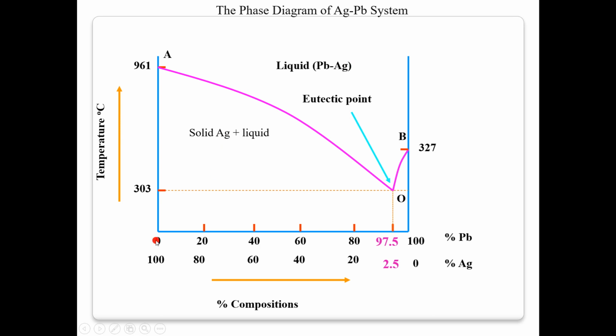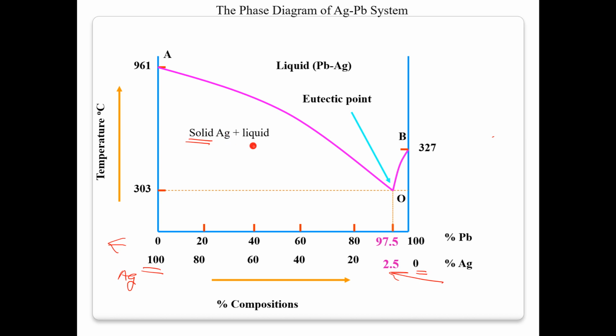But on this side, as I told you, the percentage of silver is increasing from right to left. So here this is 100% silver, and here it is 0% silver. So here you have more quantity of silver.